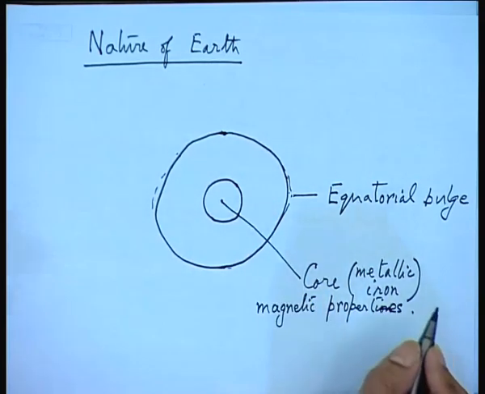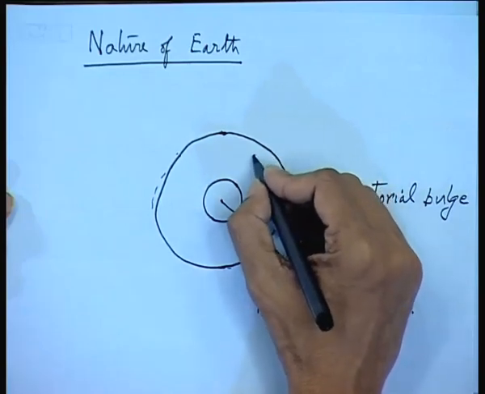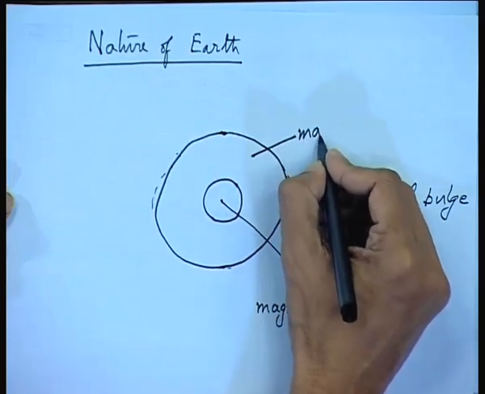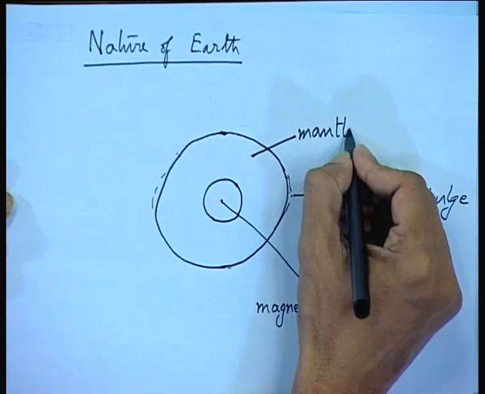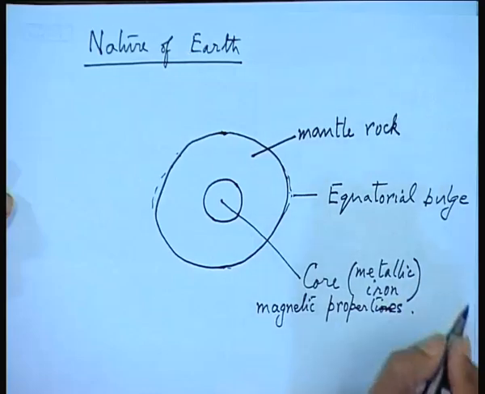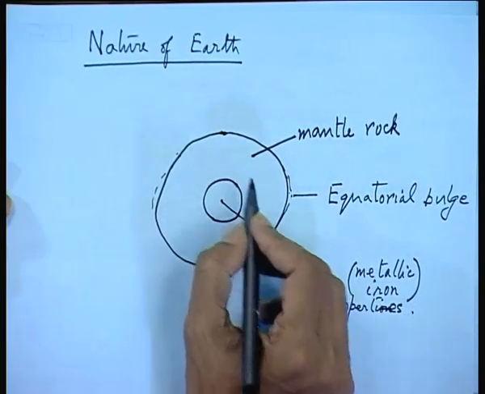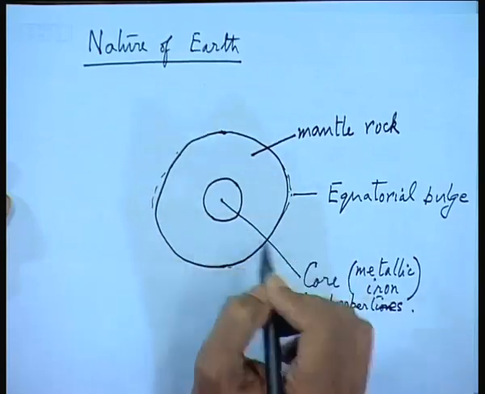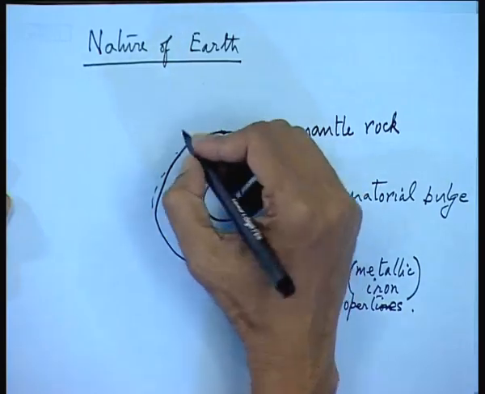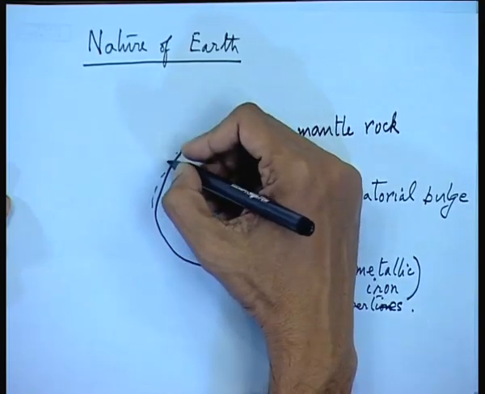Now, on top of this metallic core you have the shroud, which is called a mantle rock. So, mantle rock actually covers the core. Now, this is a huge rock mass, and on top of this we are mostly interested in these two types of crust.